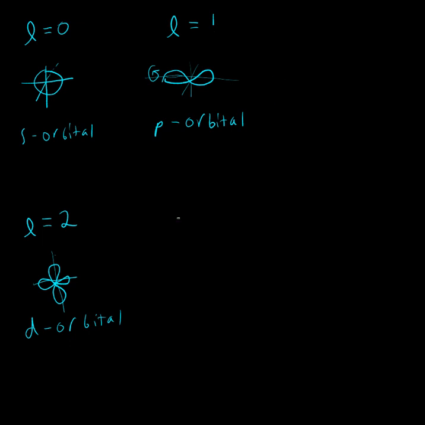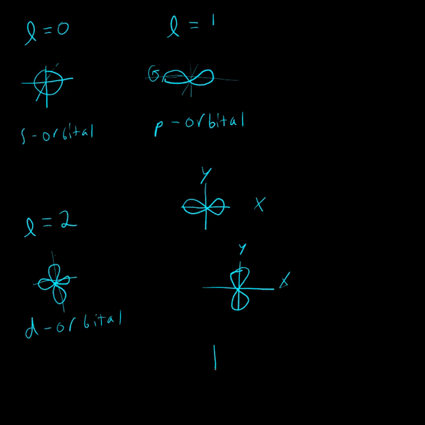So we could have one sitting on the x-axis, one sitting on our y-axis, and then lastly, one sitting on the z-axis.